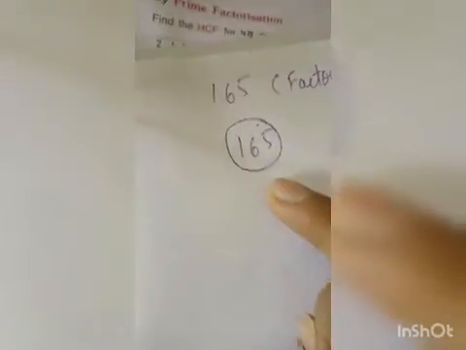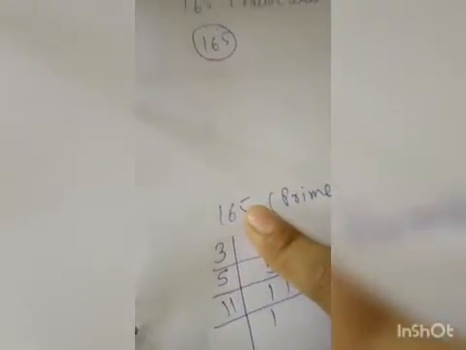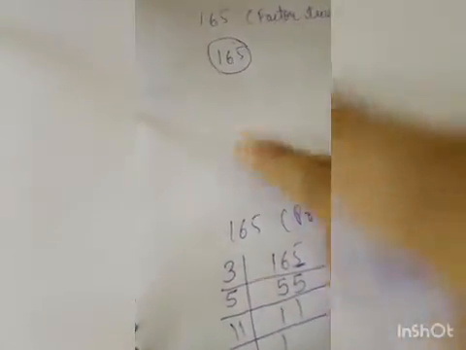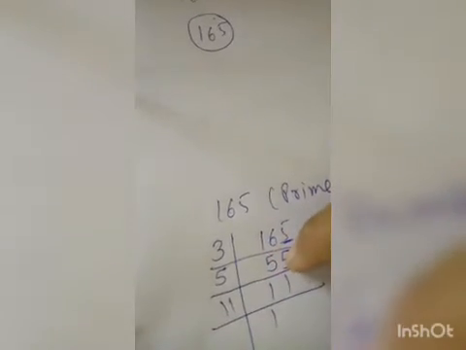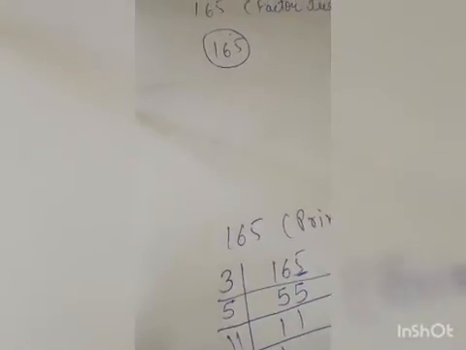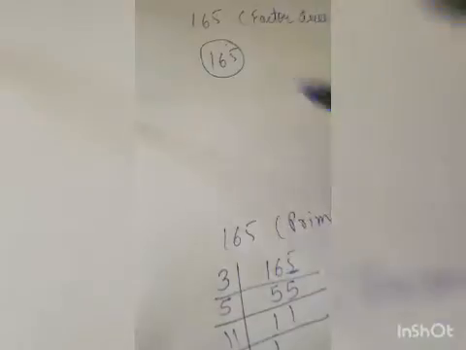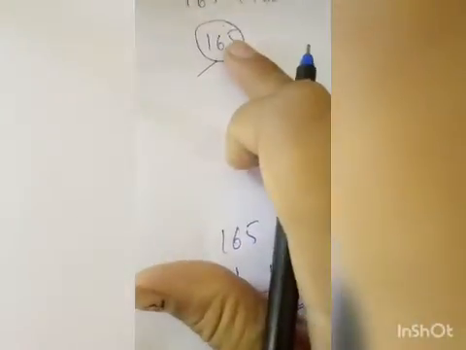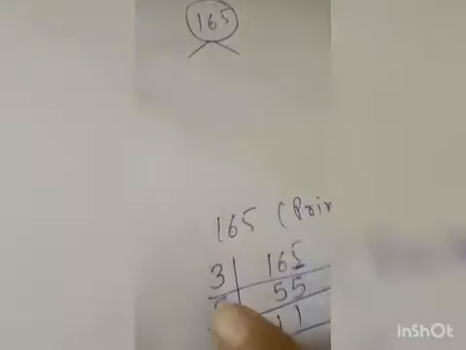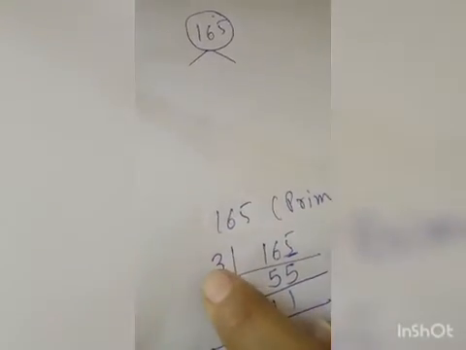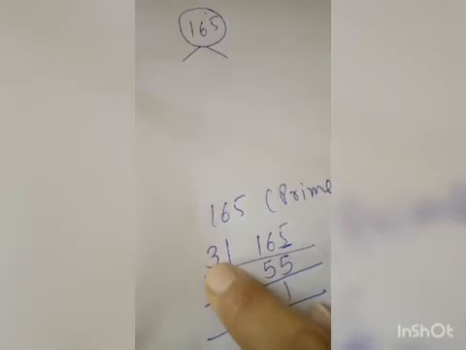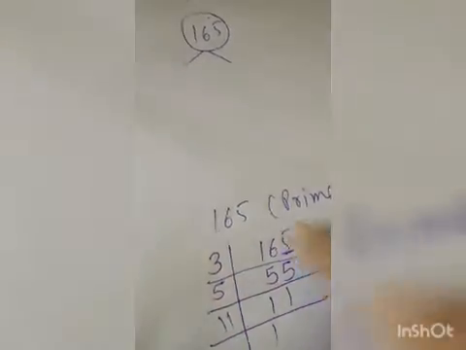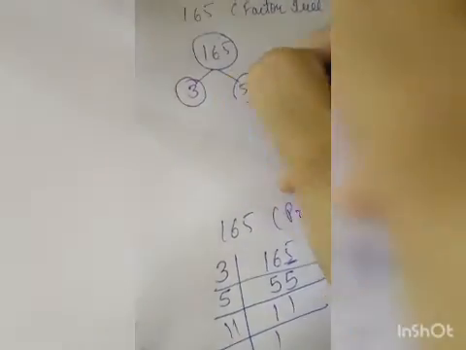Now in the factor tree method, we will take help of this also, or we can directly do this. But if I take help of this method, I can easily solve it because this will be long. Okay, so 165 does not have any even number at its end, so it will divide by an odd number. I have checked that it can be divisible by 3. So 3 55s are 165.